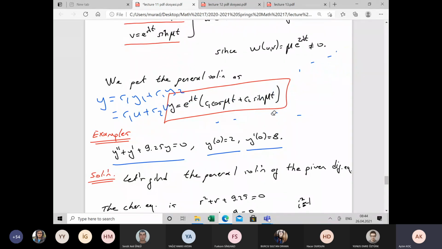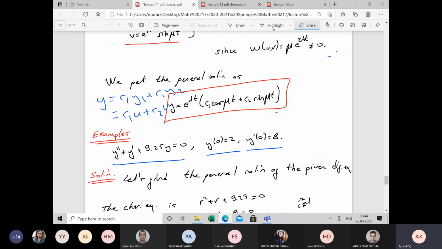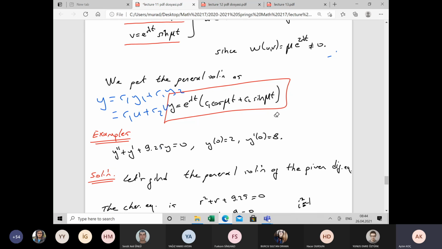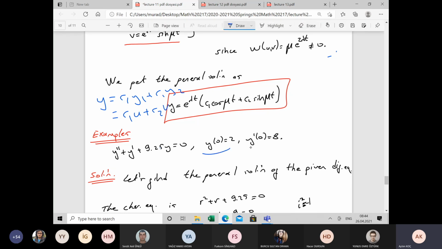It is a second order differential equation, and also homogeneous because the right hand side is 0. Look at the coefficients: they are constants, so it has constant coefficients. We know how to solve this differential equation, but this problem contains two initial conditions, so it is an initial value problem.